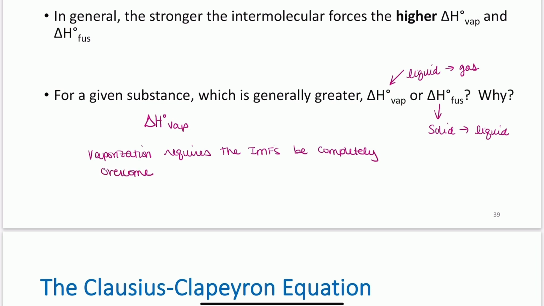Remember, gases have no definite shape or volume, and if they're ideal, we assume they have no attractive force to one another.